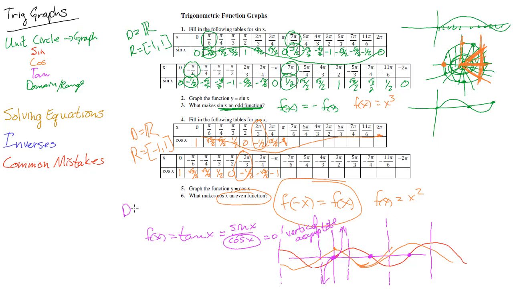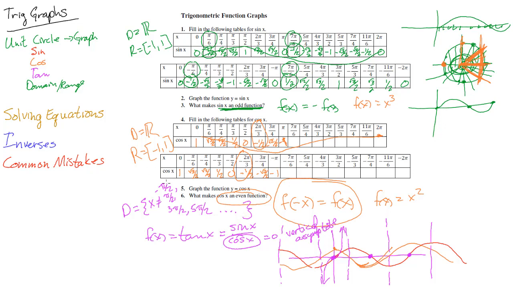The domain is, well, x cannot equal everywhere cosine had a 0, which was at pi over 2 and 3 pi over 2 and 5 pi over 2 and negative pi over 2. Holy cow. Dot, dot, dot, dot.